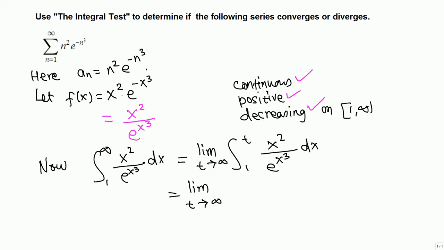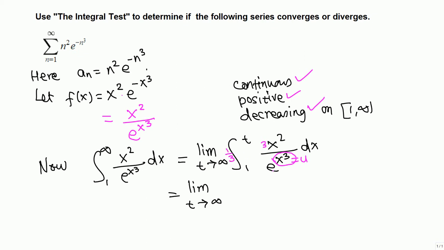How do we find the antiderivative of this fraction, x squared over e to the x cubed? By the way, what is the derivative of x cubed? Let's say this is u. The derivative of x cubed is 3x squared. We don't have 3x squared, but we have x squared. So multiply by 3 and divide by 3.